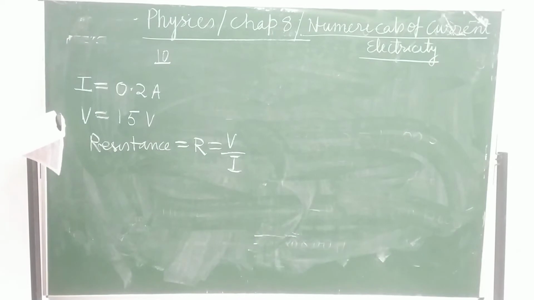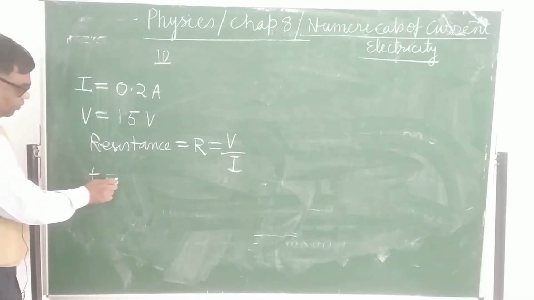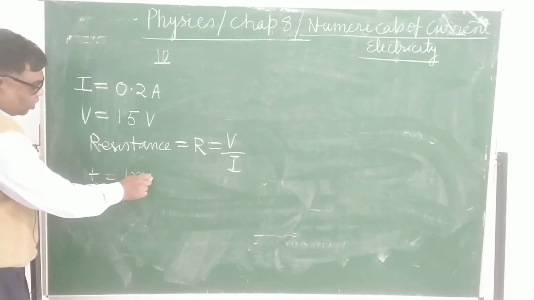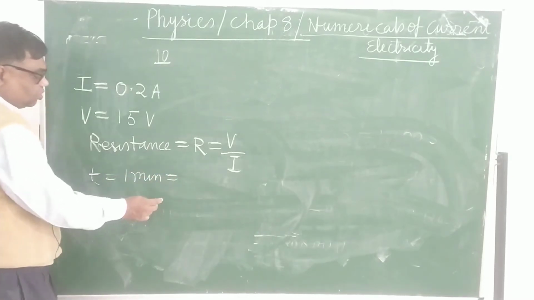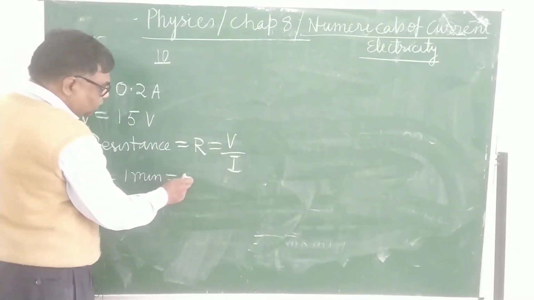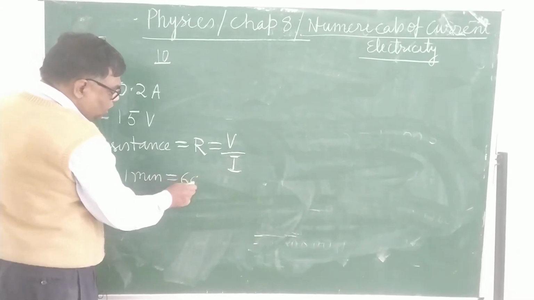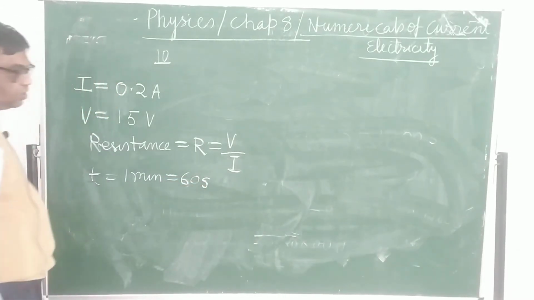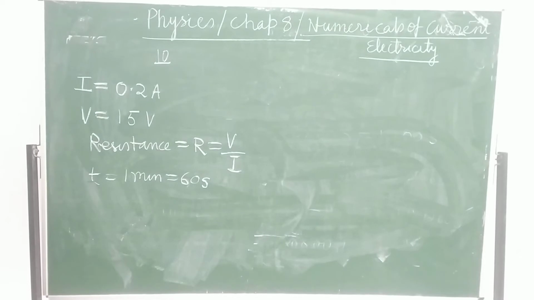And then heat energy produced in 1 minute. T equals to 1 minute. 1 minute equals to 60 second. Now there are 3 formulae of heat energy: I square RT, VIT and V square T upon R. Which formula will fit here?